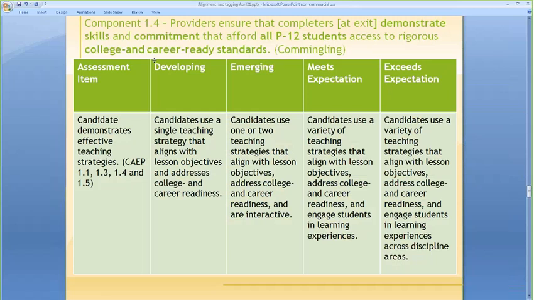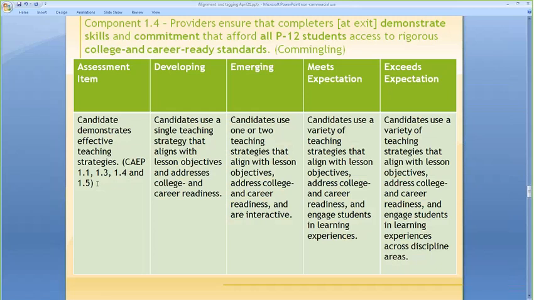So again, we're looking at component 1.4, demonstrating skills and commitment that afford all P-12 students access to rigorous college and career-ready standards. Here we've got an assessment item that says it's providing evidence for components 1.1, 1.3, 1.4, and 1.5.